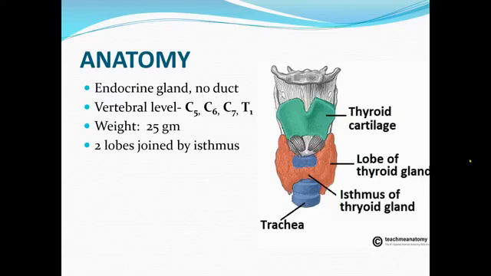Sometimes a small pyramidal lobe projects upwards from the isthmus of the thyroid, usually from the left.